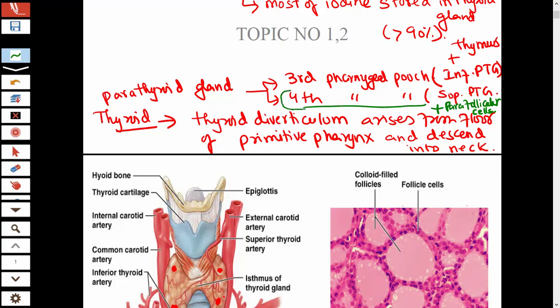This is your important MCQ from embryology. In the third pharyngeal pouch, the thymus gland and your inferior parathyroid gland are developed. These are the important points in relation to the embryology of the thyroid and parathyroid glands.